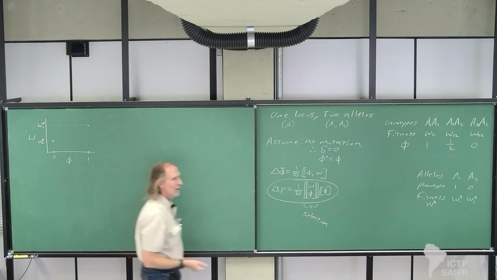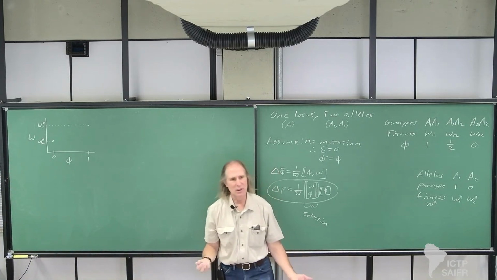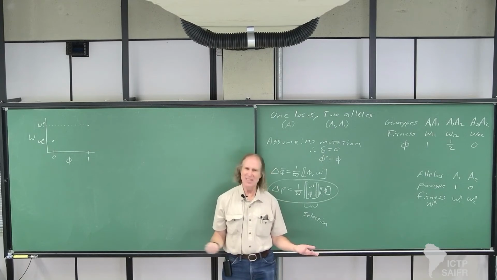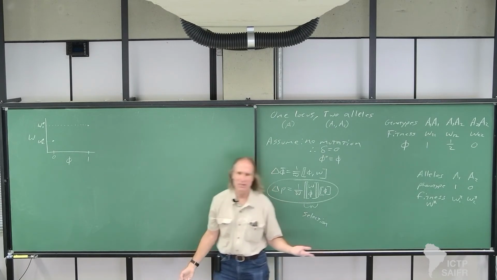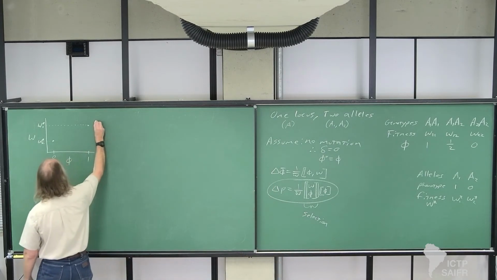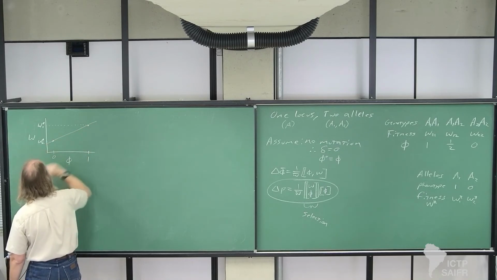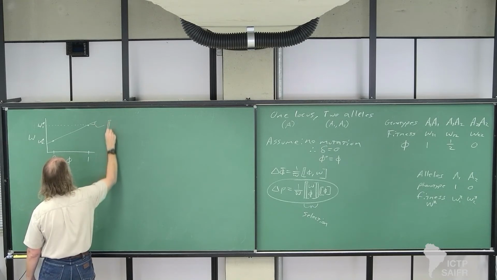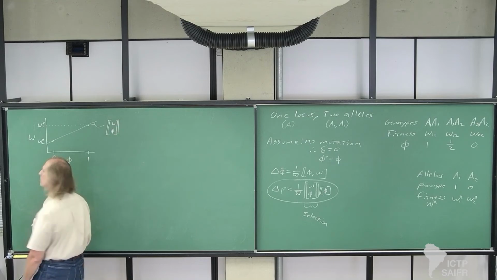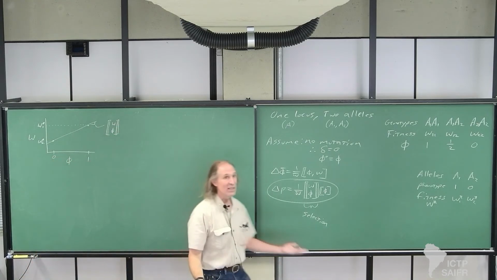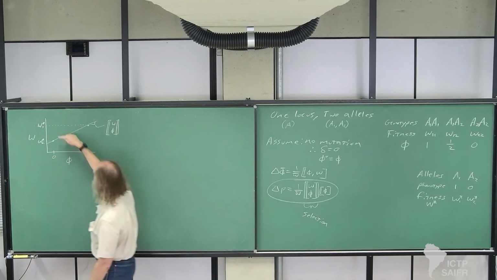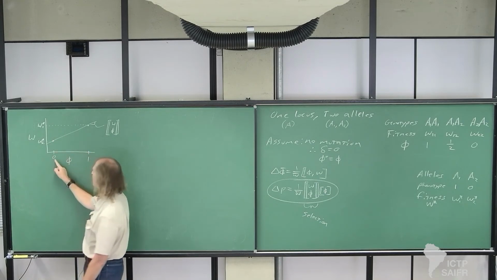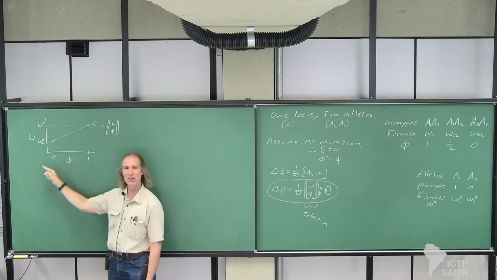Now, what's the regression going to be? It's easy to find a regression when you have only 2 points. The regression is the slope of that line. That is the regression of fitness on phenotype. And what is that? Well, it's just this distance divided by this distance, but this distance is 1, 0 to 1.